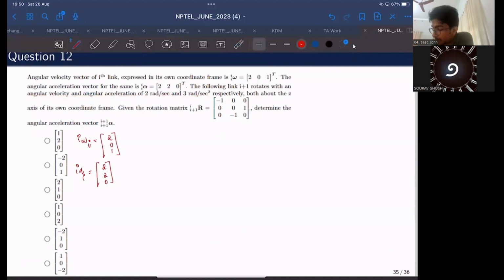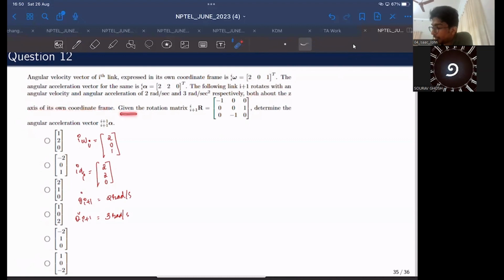So theta I plus 1 dot would be 2 radians per second. Theta double dot I plus 1 would be 3 radians per second square, both along the z-axis of their own coordinate frame.